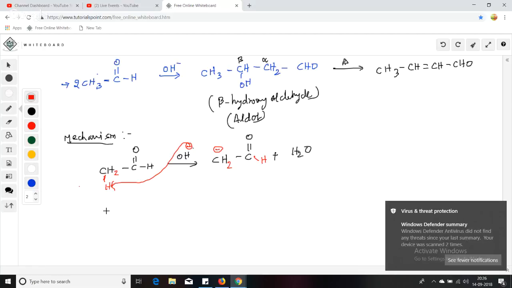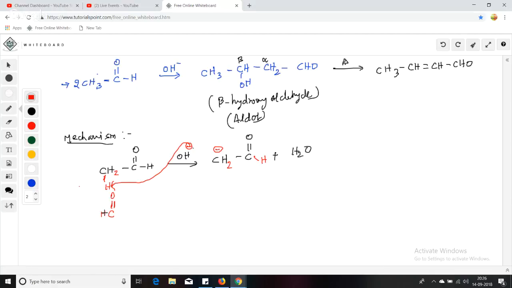Now this molecule, which is CH double bond O in the first step, and here we have CH2 negative, and one more molecule of this, since we are taking 2 moles of it. So one more molecule we have, CH3 C double bond O and H. Now this negative charge attacks this carbon atom because it has partial positive charge, and this pi electron goes here.